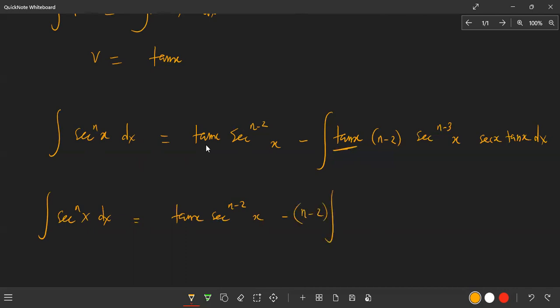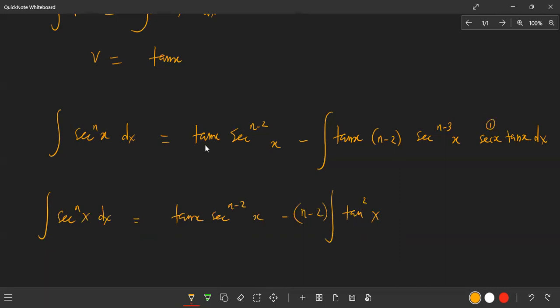Then we have this tan and this other tan, which can be multiplied to get tan squared x. Notice this is sec^(n-3) x and sec to the power 1.